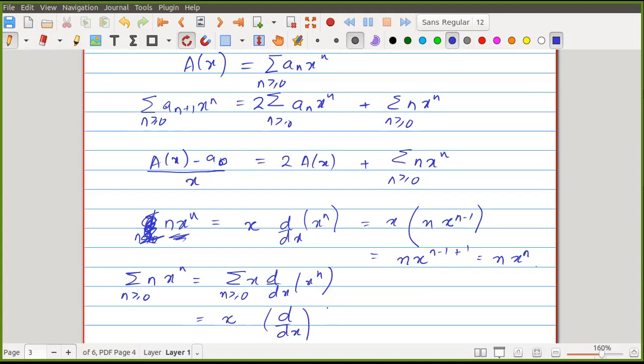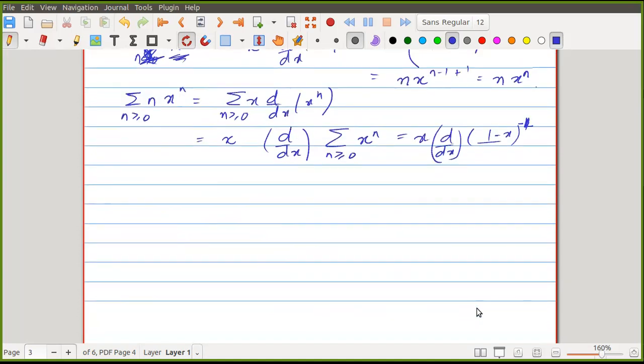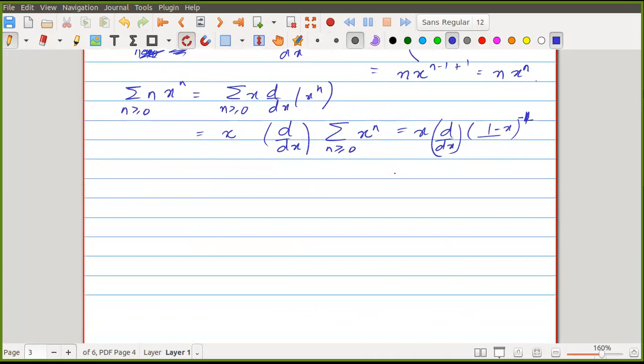So d dx of whatever stays inside, which is x raised to n. Now everyone knows this, quickly please. What is this? 1 by 1 minus x, the inverse of 1 minus x. And then when you differentiate it, we are going to get 1 minus x inverse square, correct?